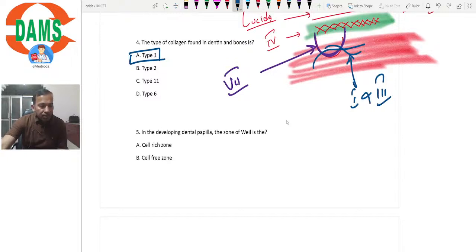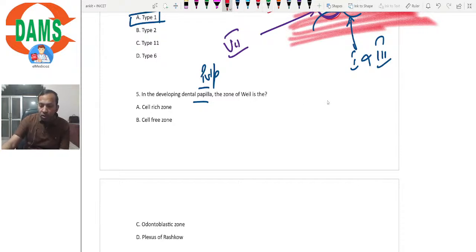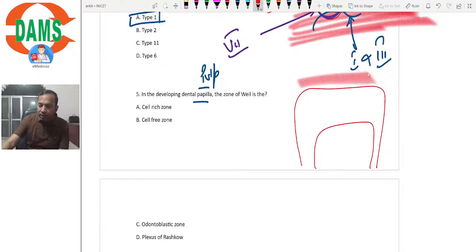Next is, in the developing dental papillae, the zone of Weil is the, actually it should be in the developing dental pulp, right? In the dental pulp, you have 4 zones, right? Let's say this is the dental pulp, and outside is the dentine.